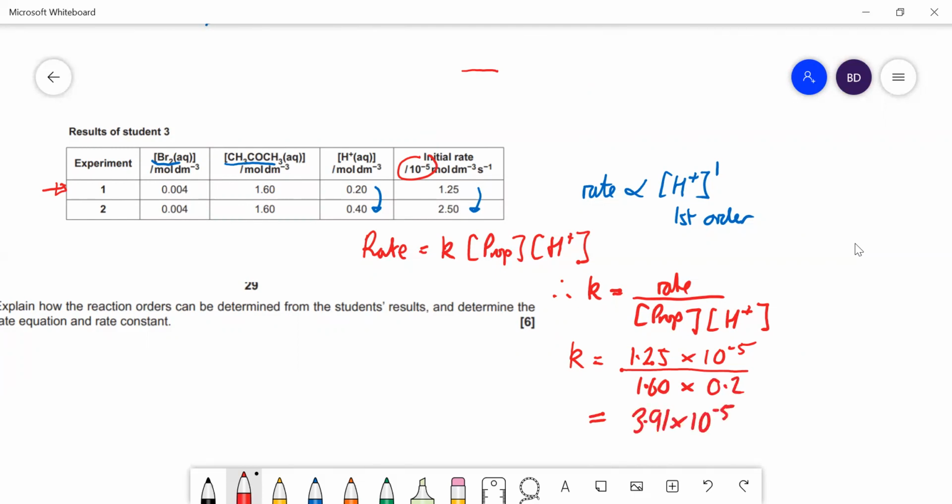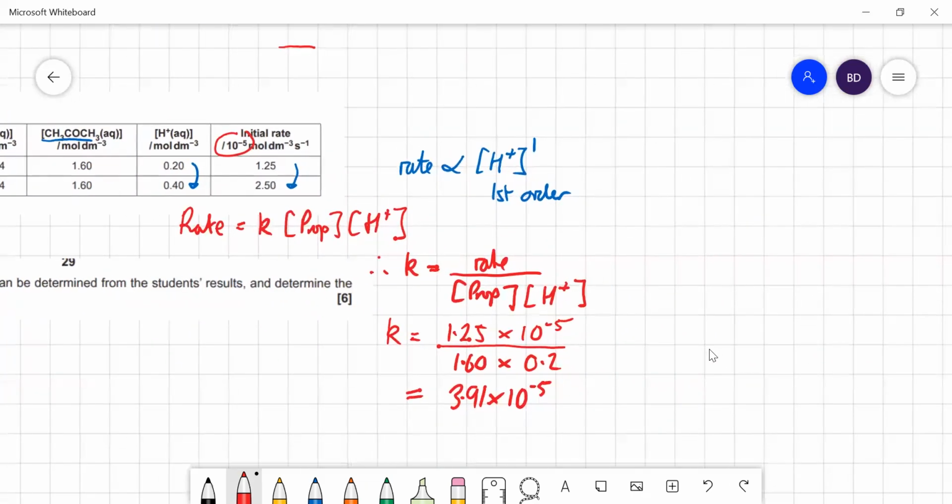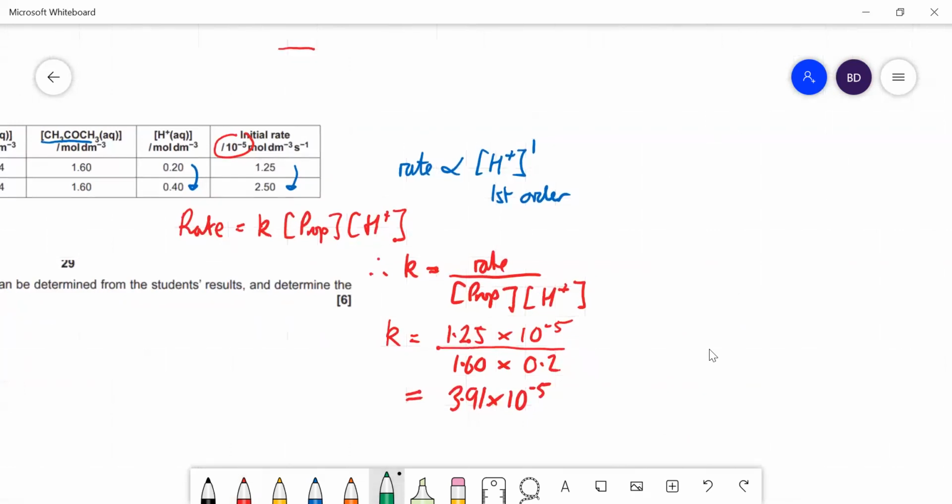Now we do need to work out the units of that. Okay, what's the units of the rate constant? Well, let's just do it here. The units of rate of reaction is always moles per decimeter cubed per second. And that's going to be the concentration of propanone, that's moles per decimeter cubed, and of hydrogen, that's moles per decimeter cubed.